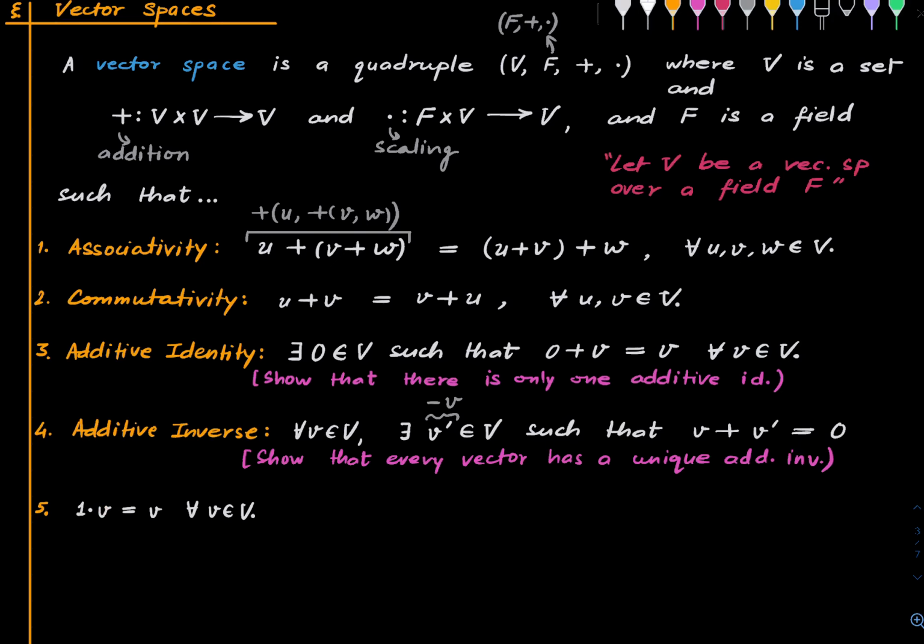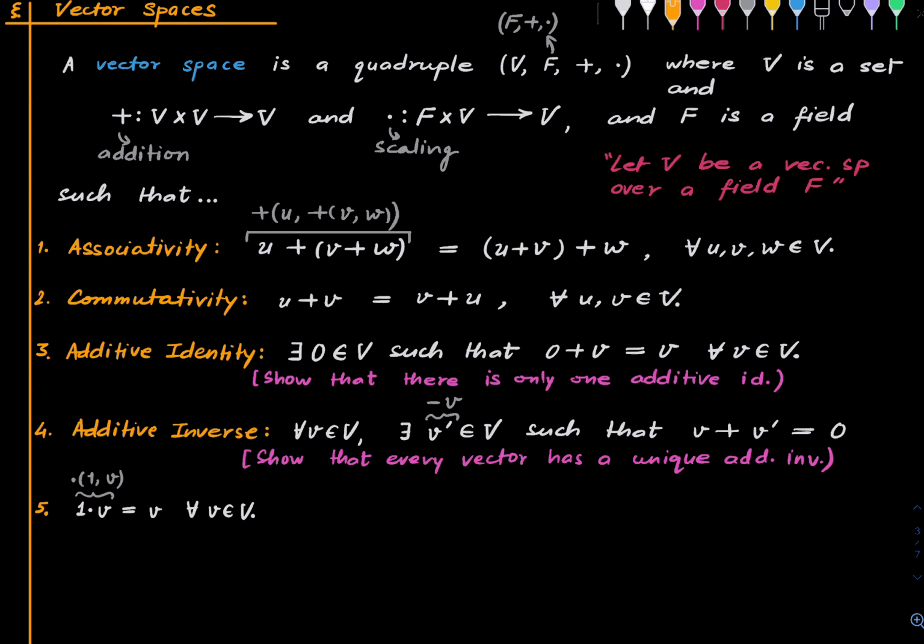When we write this formally, this dot is a function from F cross V to V, and that is what we have respected here. But instead of writing that, we write this. All this is saying is that if you scale a vector by 1 unit, you get the same vector back, just like in R2. This is something that we demand axiomatically.